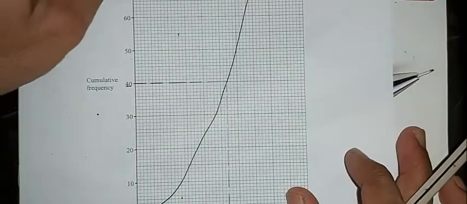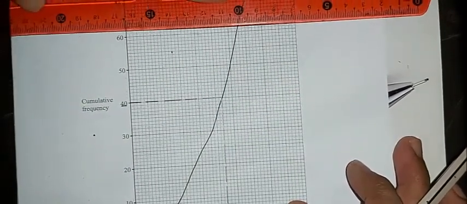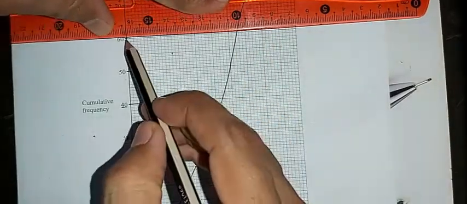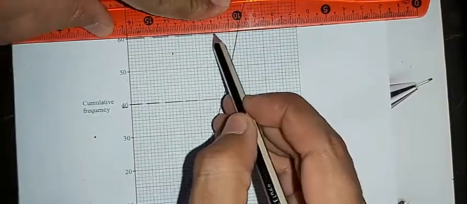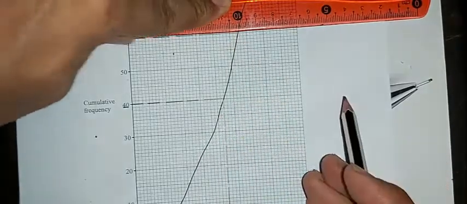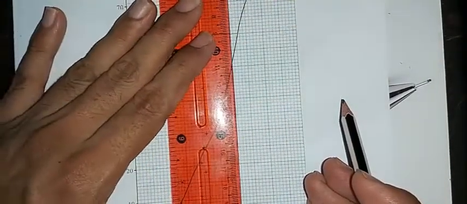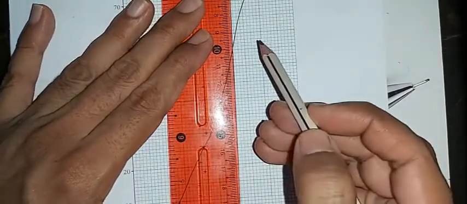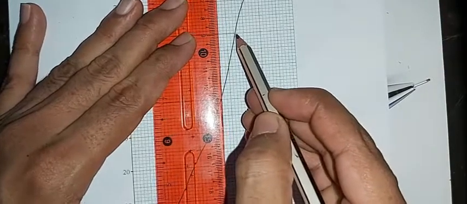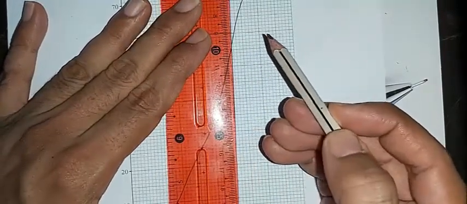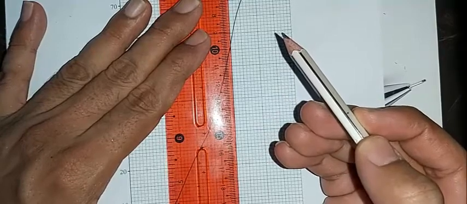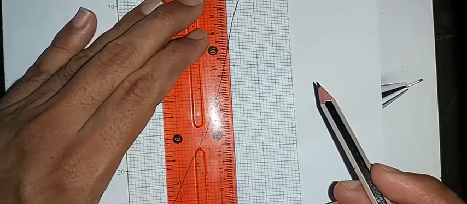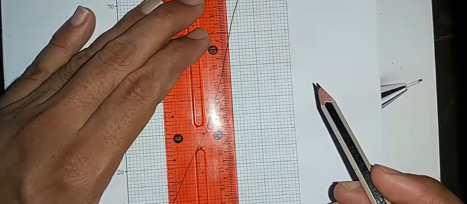So we will use the ruler again to draw a dotted line from 60 like that, until the line of the cumulative frequency diagram. Here it's in the middle between two squares.